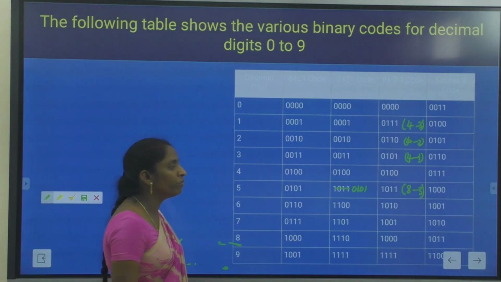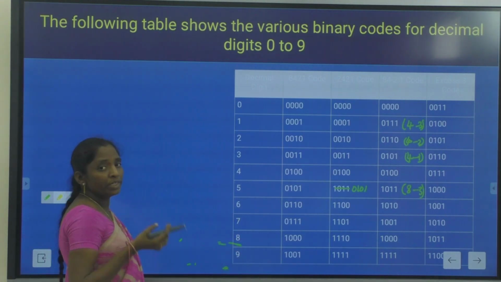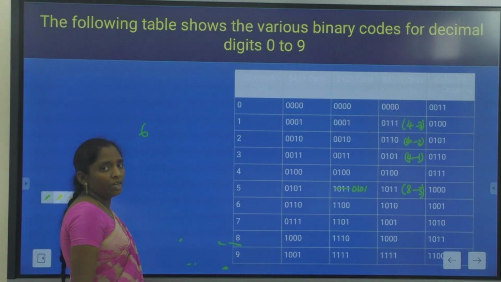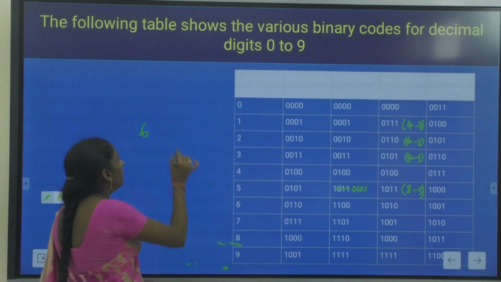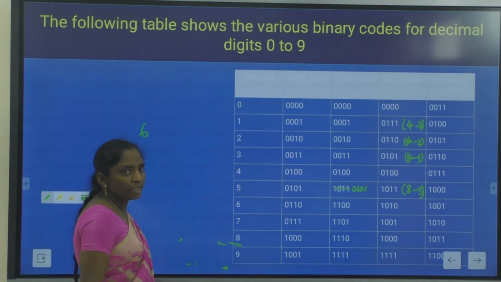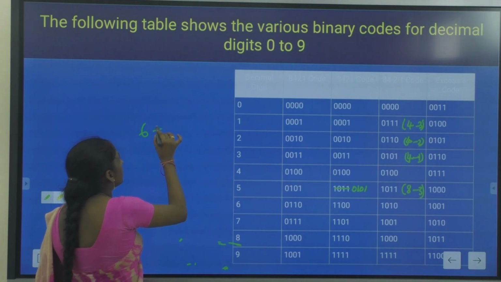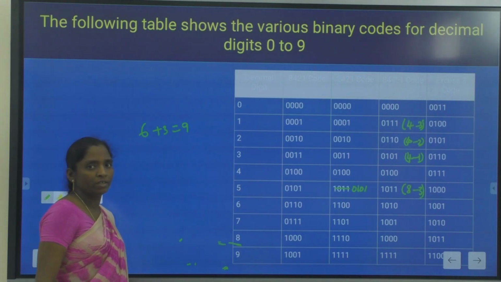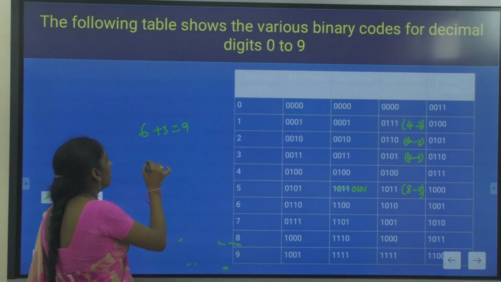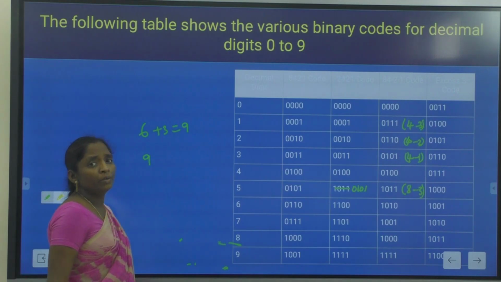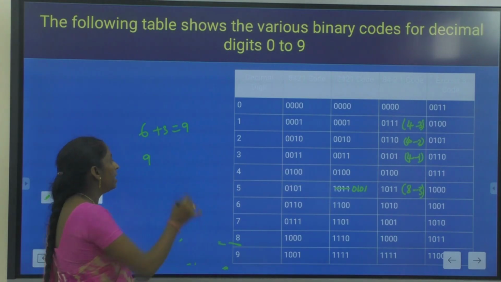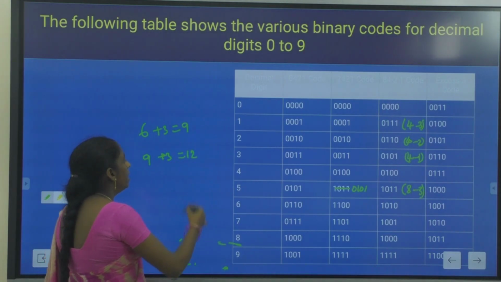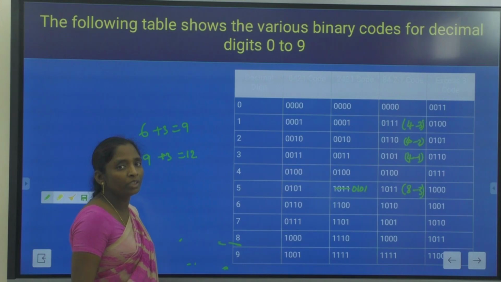For example, the 8421 code is 6, and to get the XS3 code for 6 is 6 plus 3, 9. 9 is the XS3 code for 6. To get the XS3 code for 9, 9 plus 3, total 12. So 12 is the XS3 code for 9.